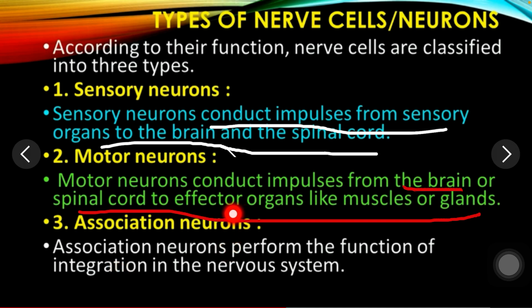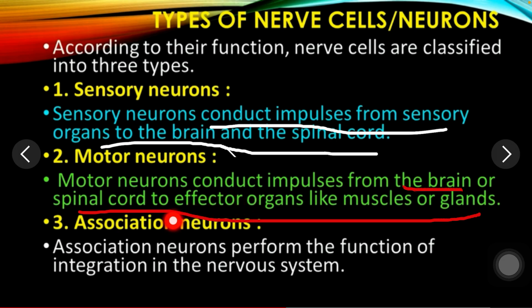That means your sensory neuron is working and sending impulses to the brain. Again, the brain will send impulses, messages to the effector organ like skin, to take away your hand. Understanding? Sensory neuron and motor neuron.